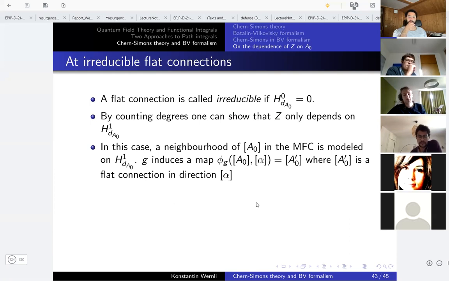And also in that case, there is a neighborhood of this point in the moduli space of flat connections, which is modeled on this cohomology. And there's actually a map induced by the Riemannian metric from the tangent space at A0 to the moduli space of flat connections.